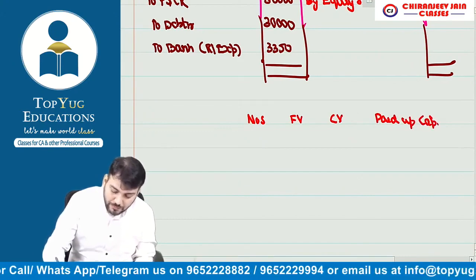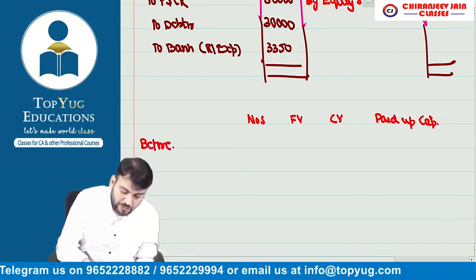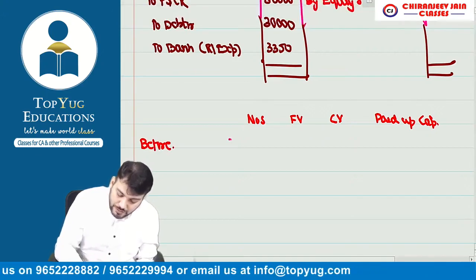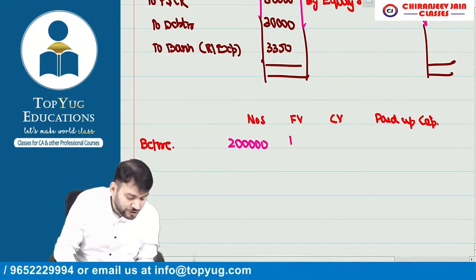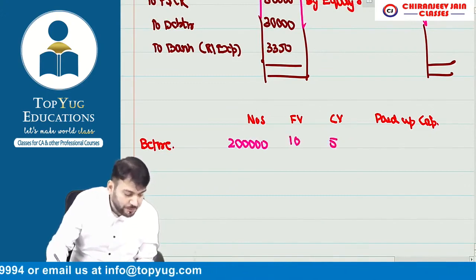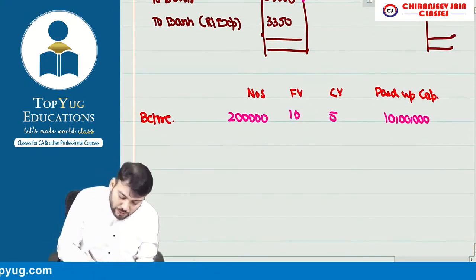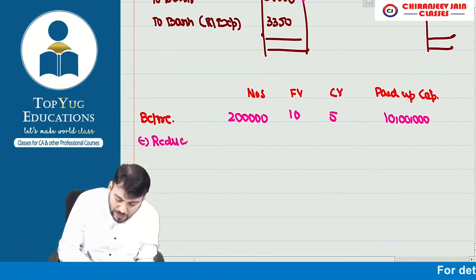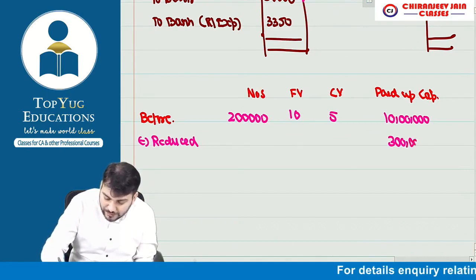Before this journal entry, what was the position? It is 2 lakh equity shares, face value 10, 5 rupees paid up. So it is 10 lakh. Now it is reduced by 3 lakh.